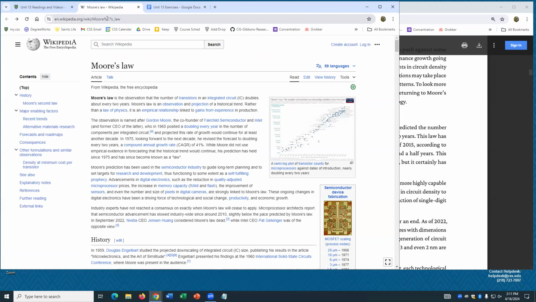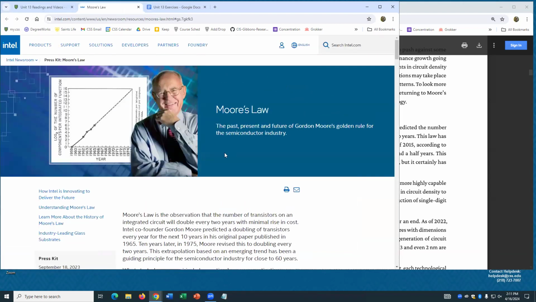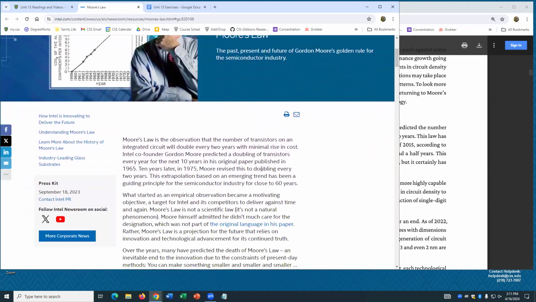So again, one thing I want you to look at is this whole idea of whether Moore's law is going to continue or not. This is a nice history of Moore's law from IBM, talking about it.